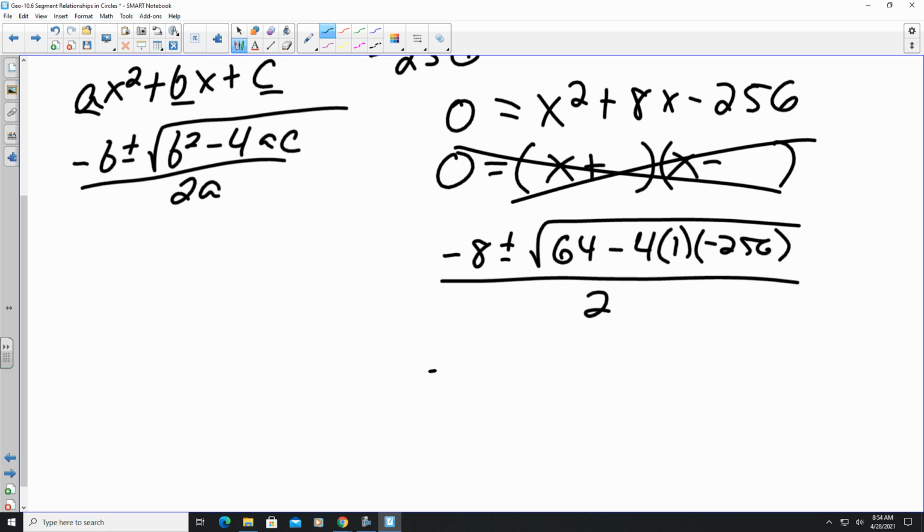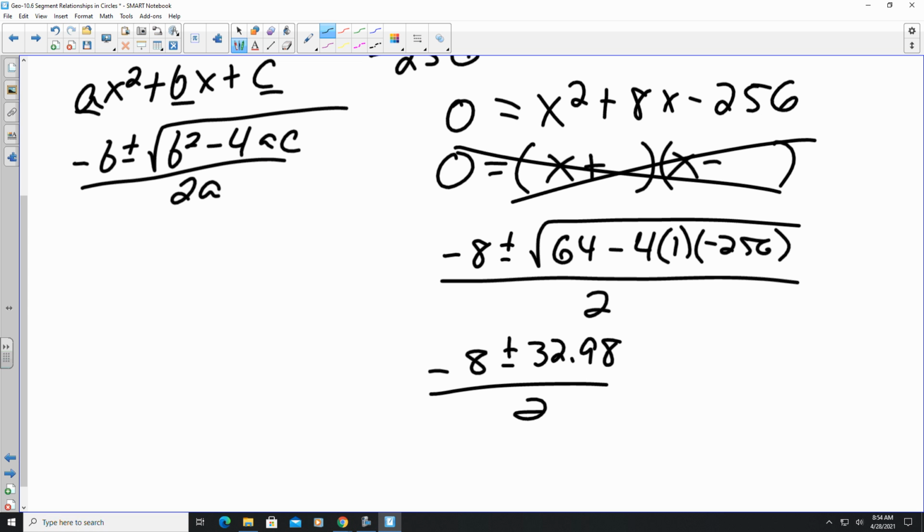So negative 4 times negative 256 gets 1024, so 64 plus 1024 is 1088. I take the square root of that value and I get about 32.98. And I divide that by 2.